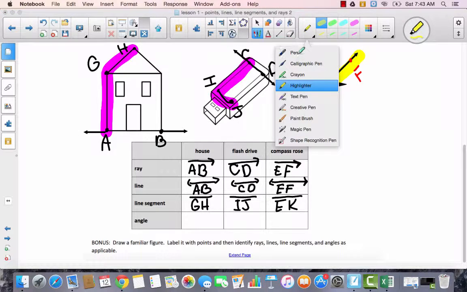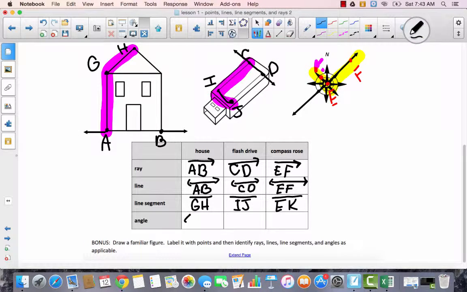Now I just have to write them. All right, so I've got angle HGA, angle CIJ, angle KEF.